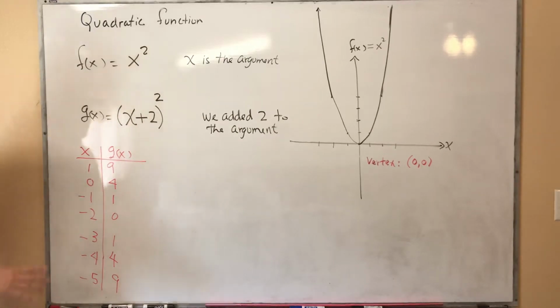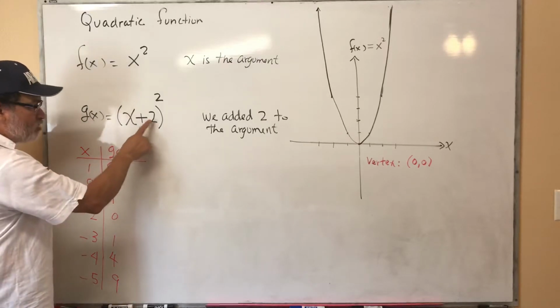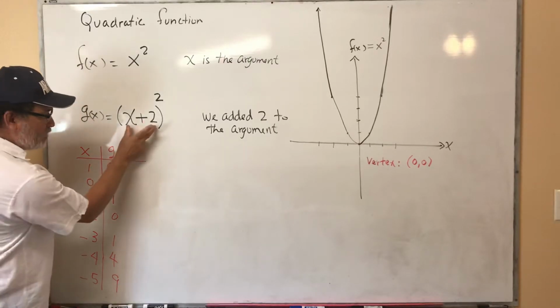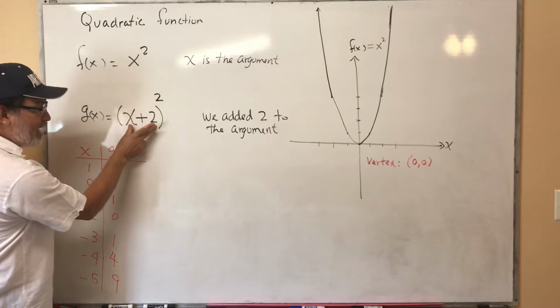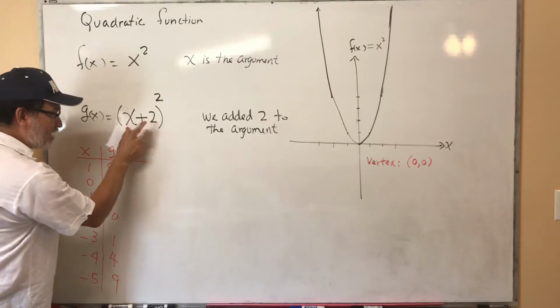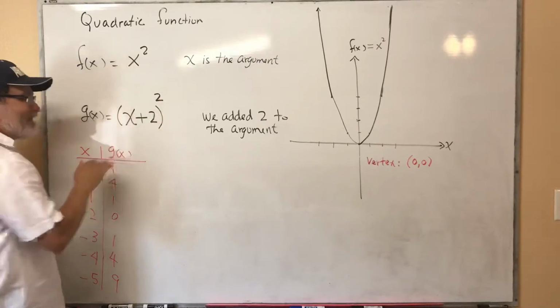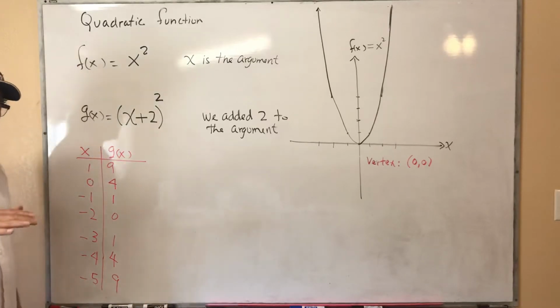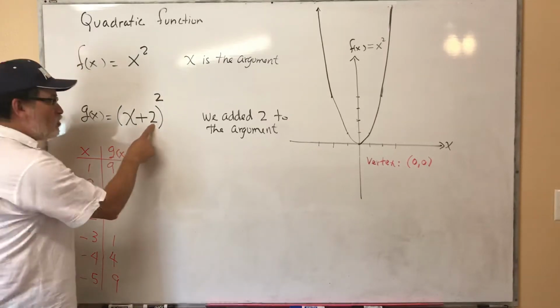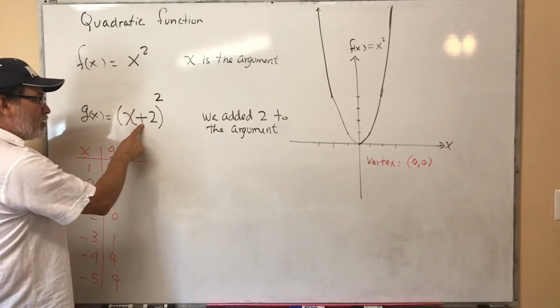I'm telling you, when you add 2 to the variable in the parentheses, and that's being squared, that's a horizontal shift. It's 2 units to the left. It's in the opposite direction.